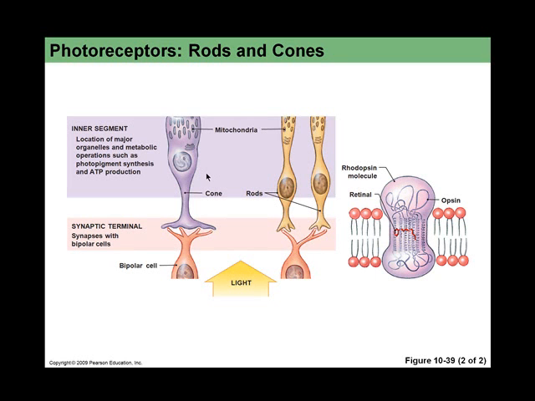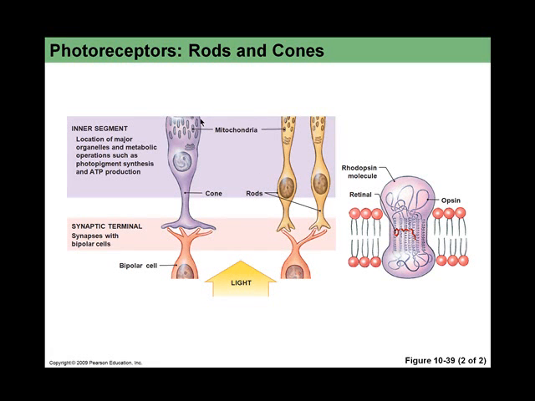And then we can follow, of course, any event that would occur in the outer segment. We know that there's going to be some polarity, some charge across the membrane that will change based upon the photons impacting these structures here.